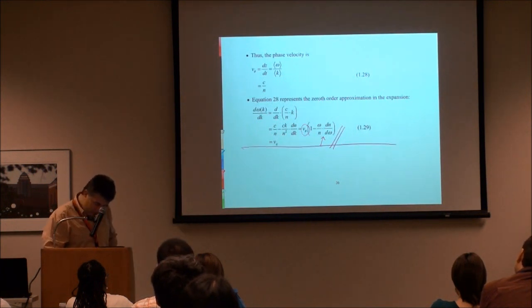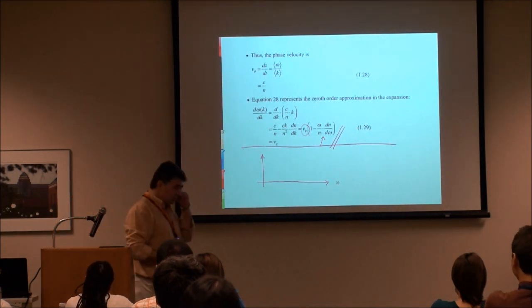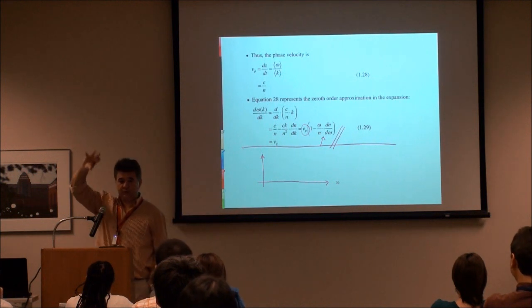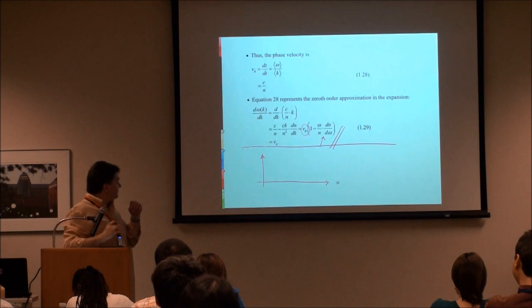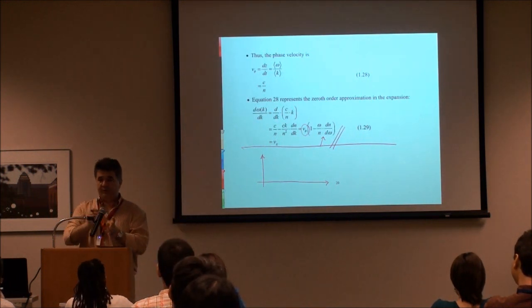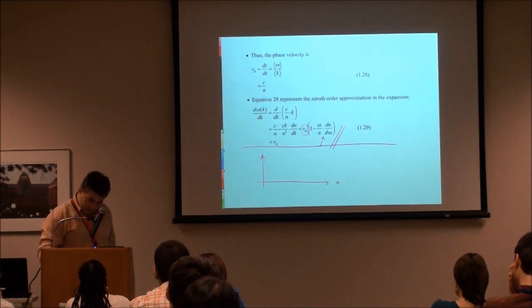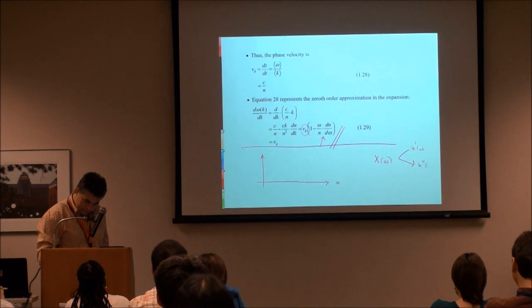We didn't do this, but basically, from the solution x of omega that we just found in the equation of motion for the electron in the nucleus, if you add all the optical properties of the material from the microscopic picture, electron on a spring, to the macroscopic picture, from x of omega you can get n prime of omega and n double prime of omega.